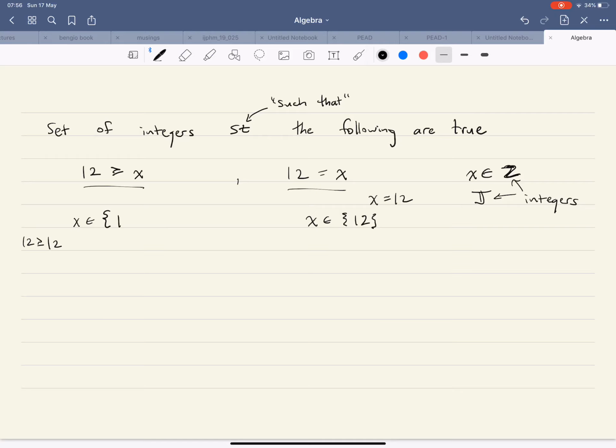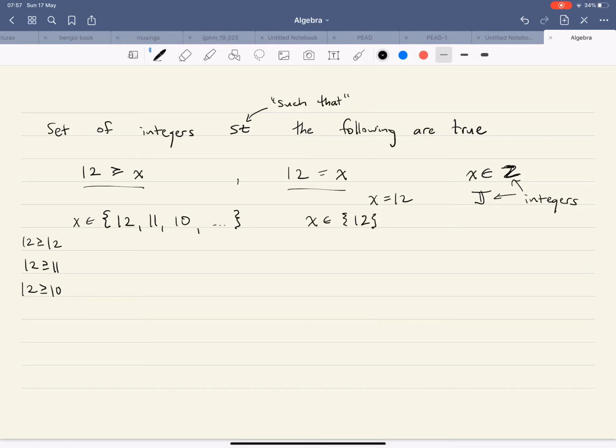There we go, 12. 11 is going to satisfy that, right? 12 is greater than or equal to 11. 10 will satisfy it. 12 is greater than or equal to 10. And we can kind of just go down the line, right? So it's going to be all integers smaller than 13.